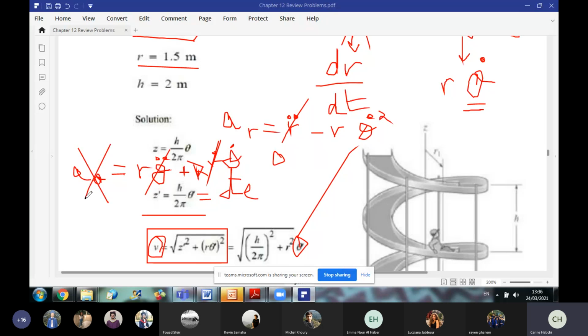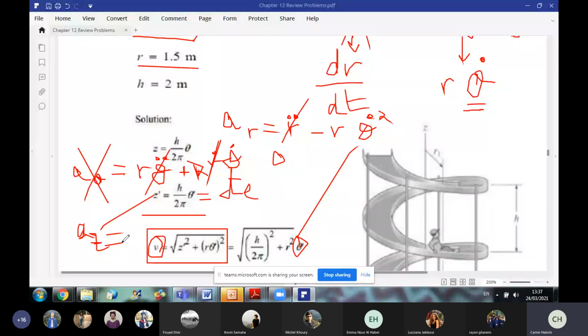And finally, for AZ, to get AZ you need to derive z dot. But z dot is a constant, because here z dot is a function of theta dot, and theta dot is a constant. When you derive a constant with respect to time, you get that AZ is also 0.